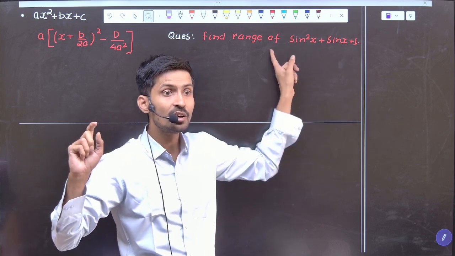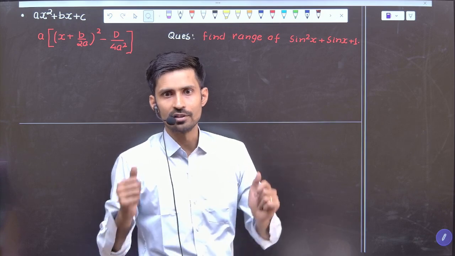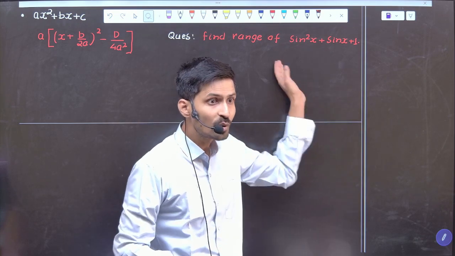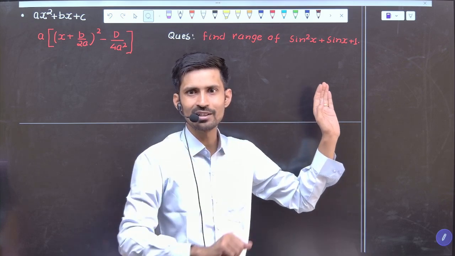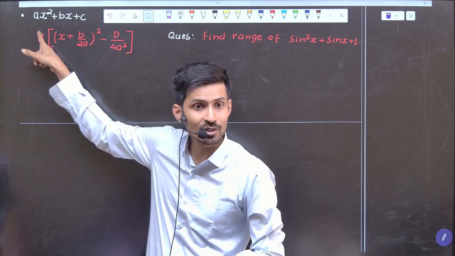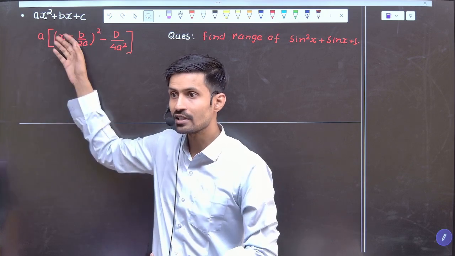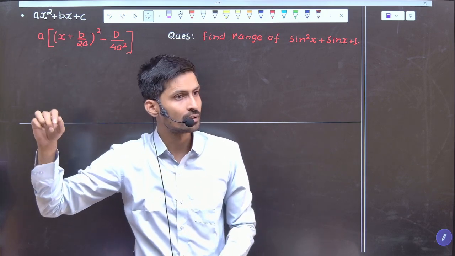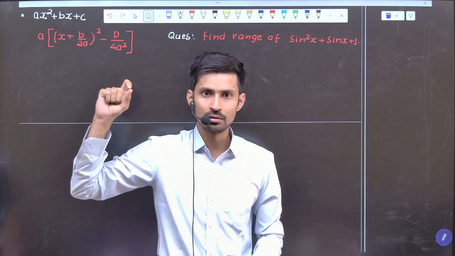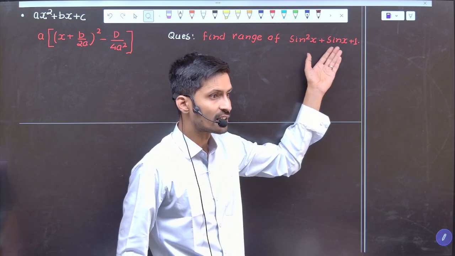So this is not a quadratic function. This is a quadratic-like function. It is looking like quadratic, but it is not quadratic. It is called quadratic only when x is present. But at the place of x, if I put any other random thing, like sin x only, that will become sin square x plus sin x plus 1.